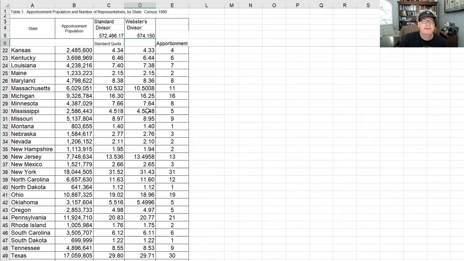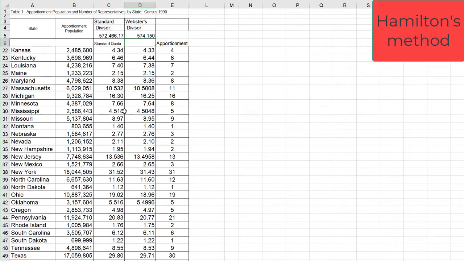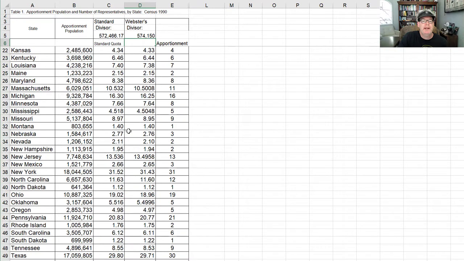Mississippi got the seat instead of New Jersey and Oklahoma, and they were ahead of Mississippi, at least using Webster's method. So that 0.518 leaped ahead of the 0.536, and, well, actually that one's still below, so 0.518.